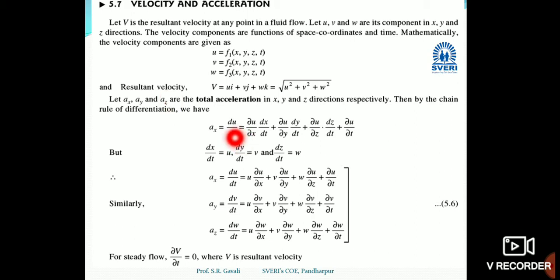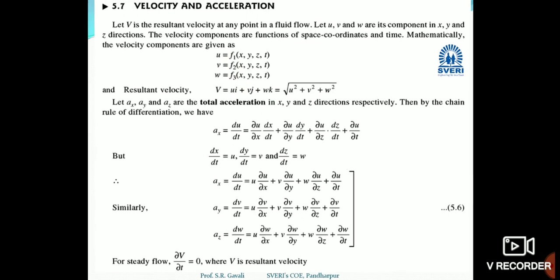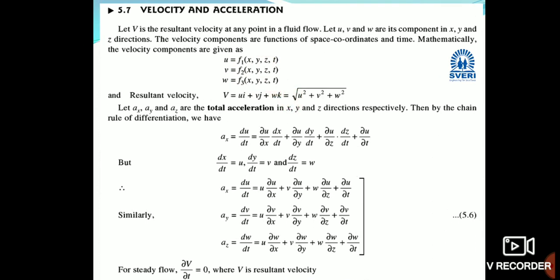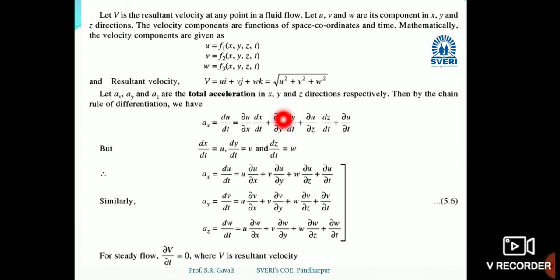For that, we have to use the chain rule of differentiation. So here, ax is equal to du/dt, but u is a function of x, y, z and t, partially a function of each. Therefore, this du/dt we have to calculate with the help of the chain rule. It is equal to ∂u/∂x · dx/dt + ∂u/∂y · dy/dt + ∂u/∂z · dz/dt + ∂u/∂t · dt/dt, but dt/dt will get cancelled.